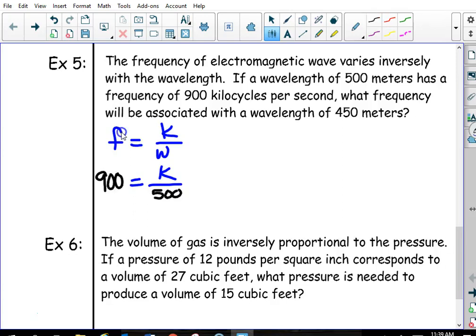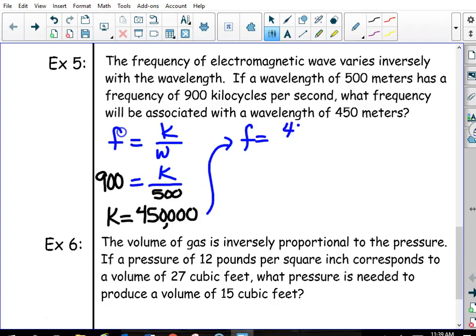So we're going to calculate K by just multiplying 900 times 500. 9 times 5 is 45, throw in 4 zeros. It looks like K is equal to 450,000.